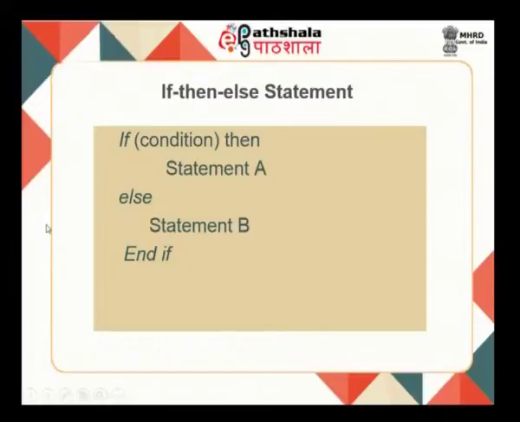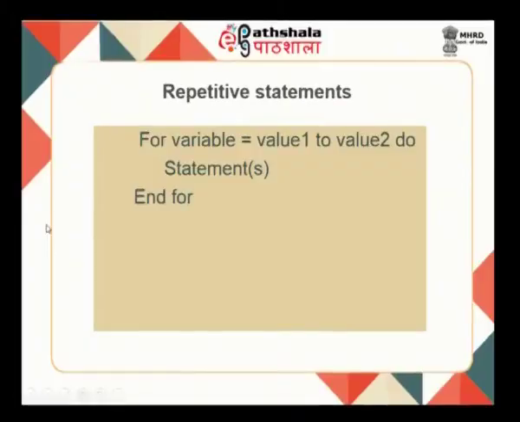Then we have repetitive control structure. For that we require some sort of statements. The for statement is a very popular statement to implement repetitions. The syntax is like this: for variable equal to value 1 to value 2 do.